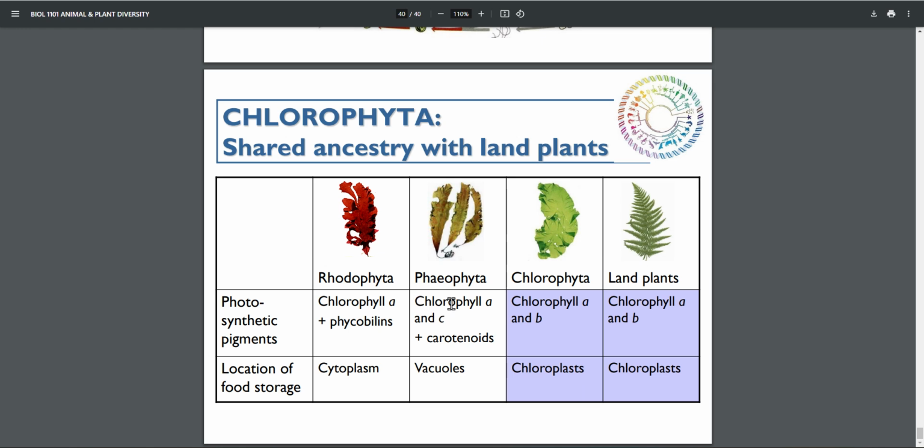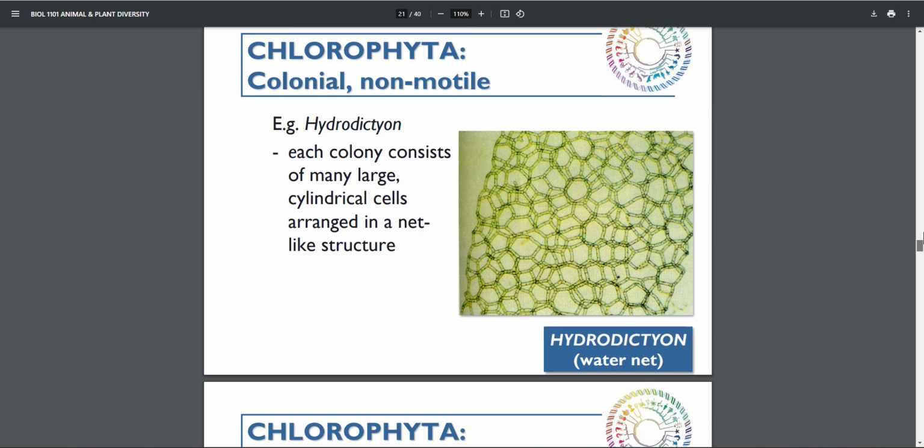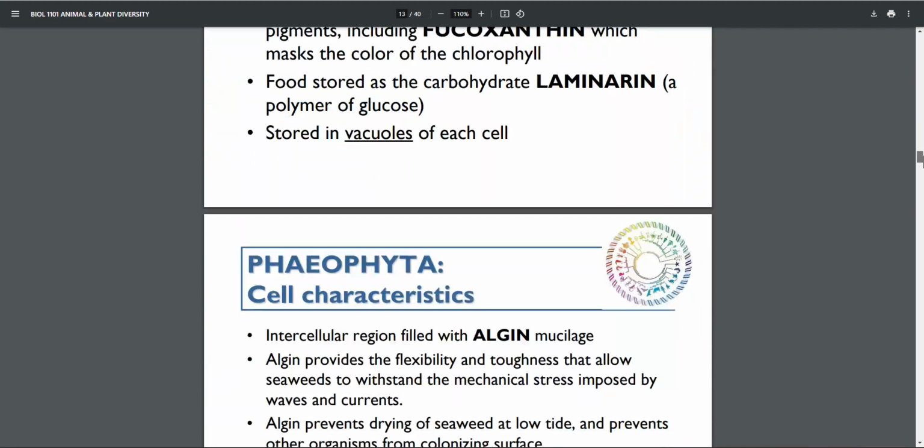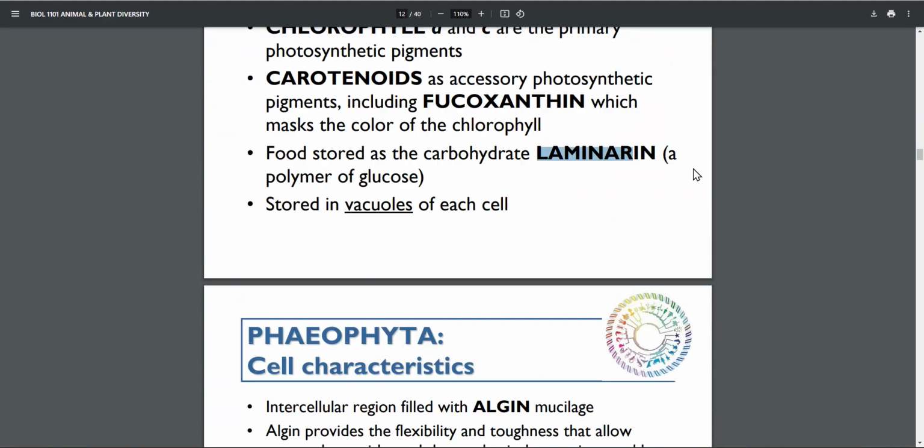While brown algae use chlorophyll A and C with carotenoids and store food in vacuoles as, is that the genus name? Hold on. It is laminarin. The food storage is known as laminarin.